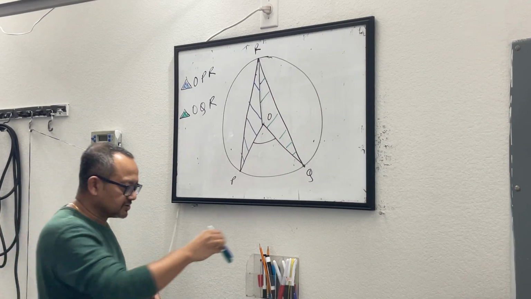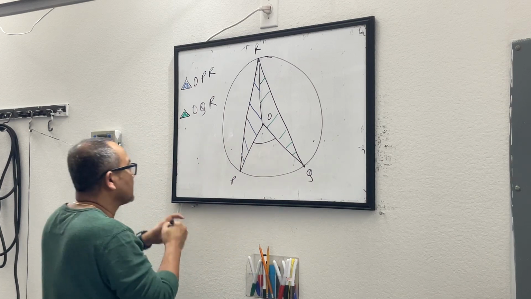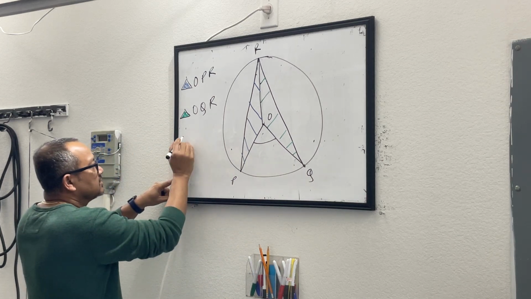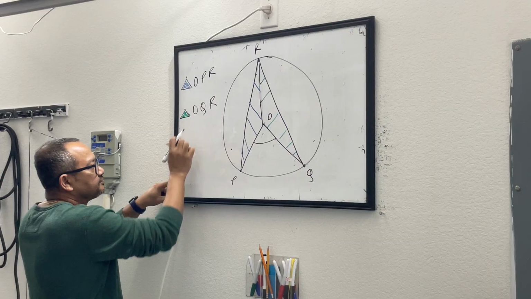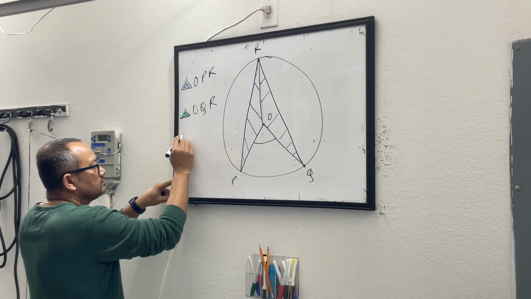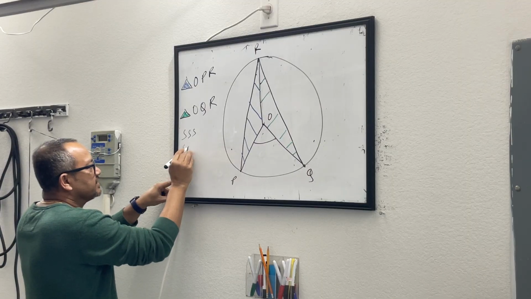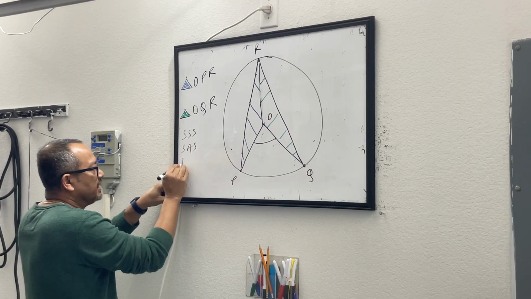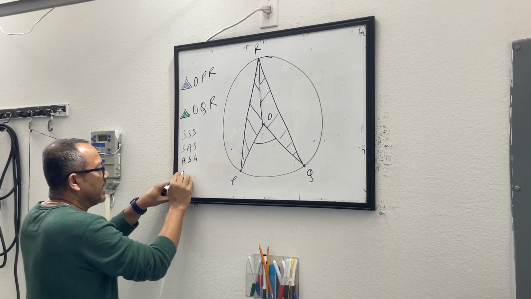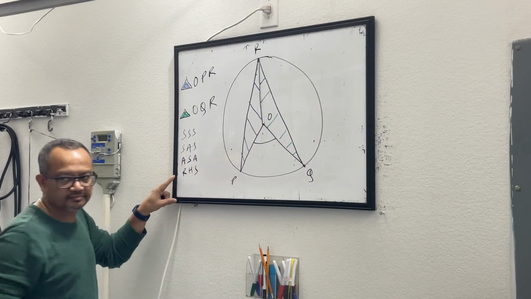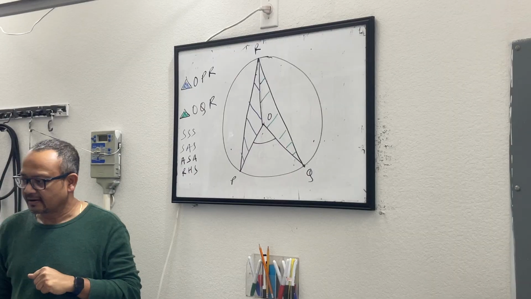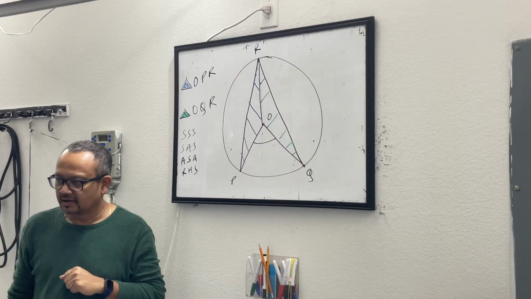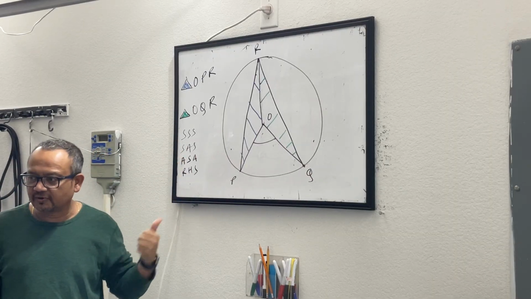You have four options: SSS, SAS, ASA and RHS. There are four theorems of congruence for triangles.